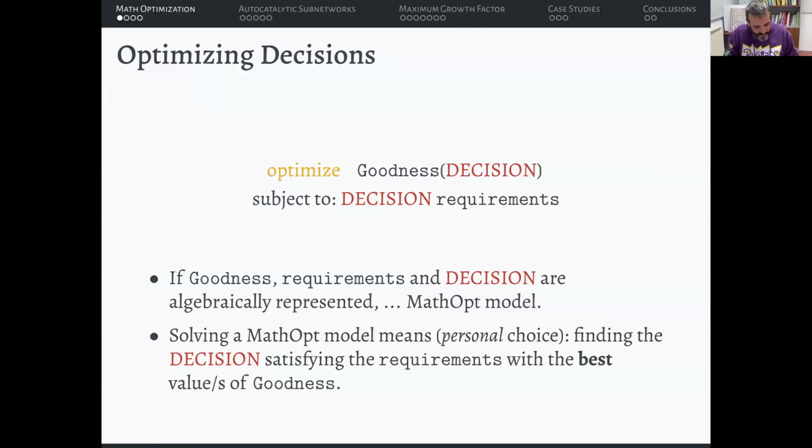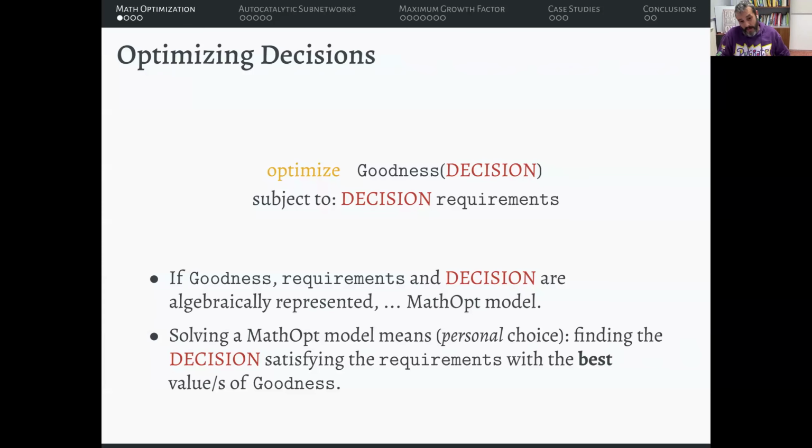There are some people who prefer, instead of solving this problem optimally, to solve it heuristically and try to find a good enough solution. But in my case, I prefer to think about an optimization problem as the problem of finding the best solution to a decision problem. This field, math optimization, is a well-known field that is very useful in practice.